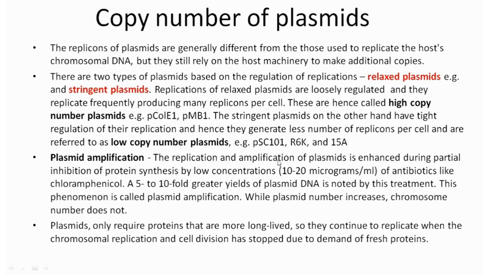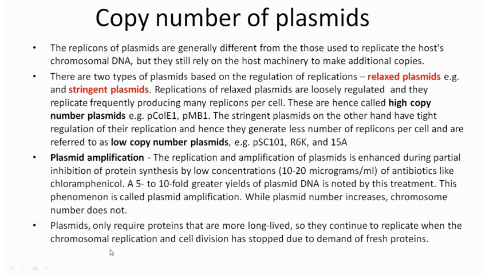The replication and amplification of plasmids is enhanced during partial inhibition of protein synthesis by certain antibiotics like chloramphenicol. A 5 to 10 fold increase has been found in plasmid copy number, but it does not affect the bacterial copy number.